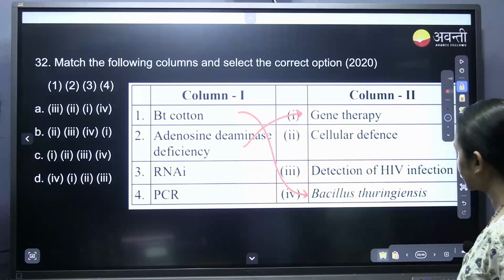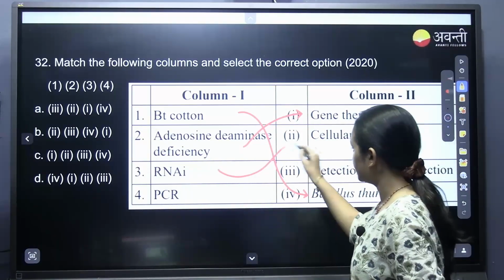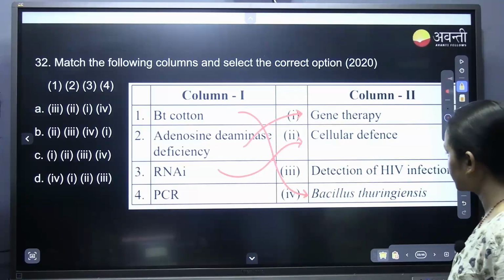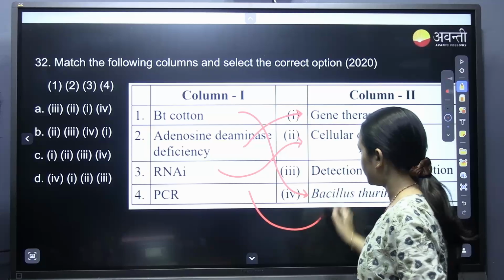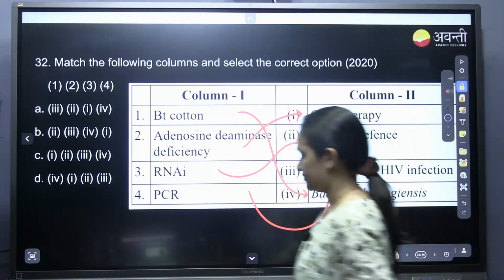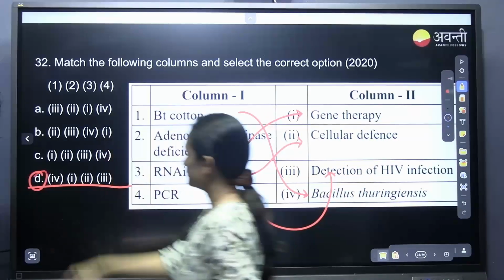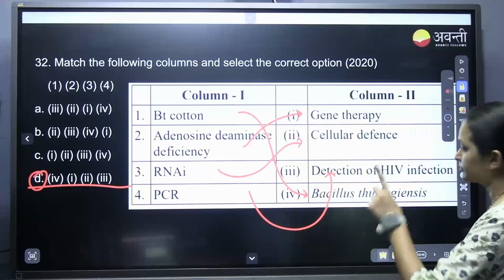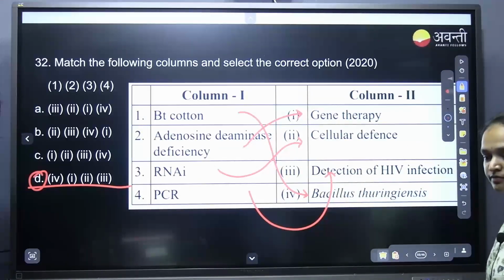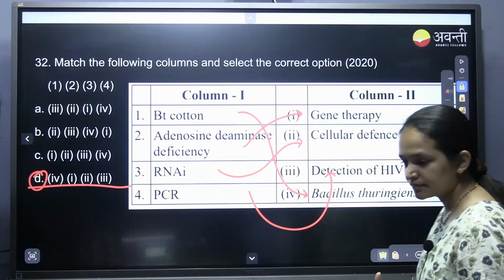RNA interference is a cellular defense. PCR, detection of HIV infection by amplification. So 4-3. D for Delhi is the correct answer. Yes? Understanding?